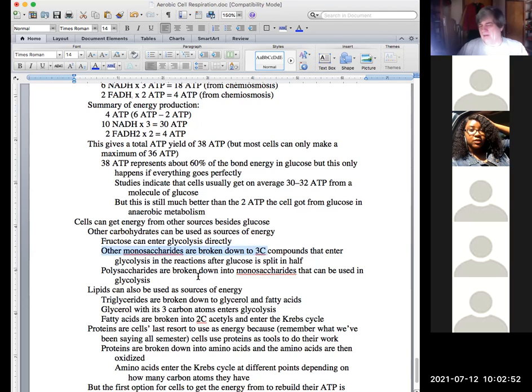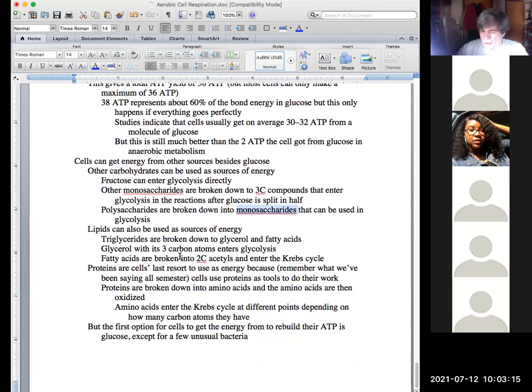Most other monosaccharides are broken down to 3 carbon compounds, and then they enter glycolysis sometime after the point where the glucose is split in half. If you remember, polysaccharides are almost always made from glucose, so they can be broken down into monosaccharides, and then they can be used just like glucose was.